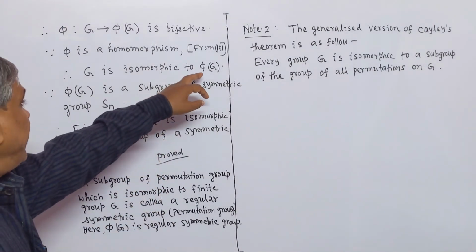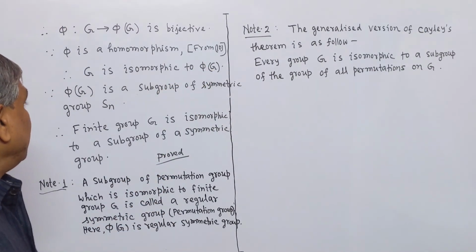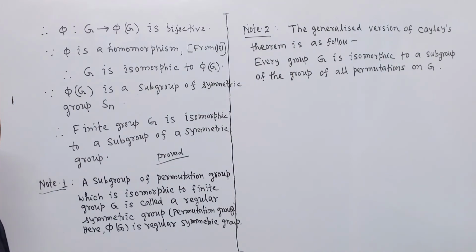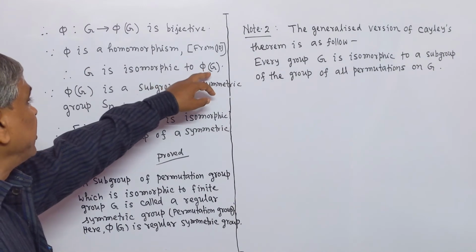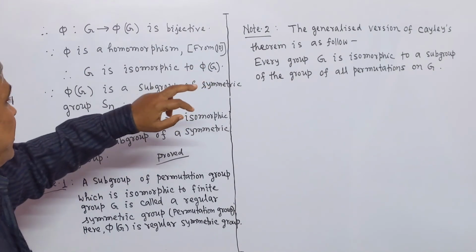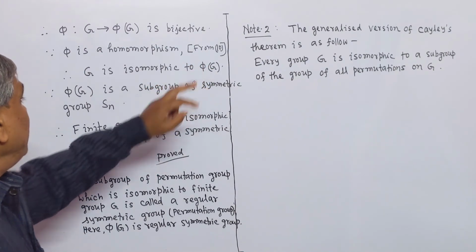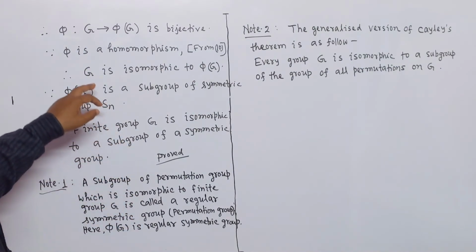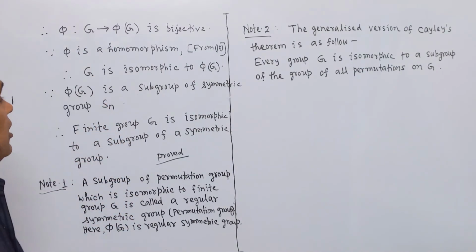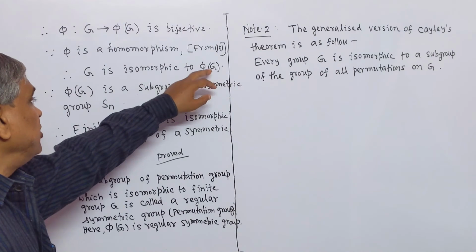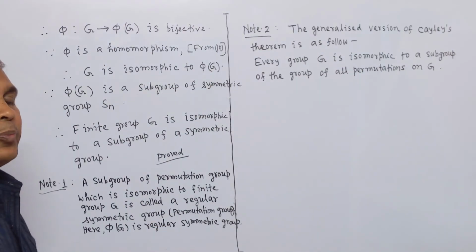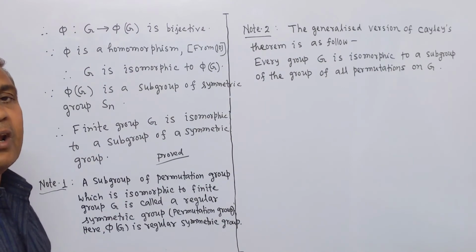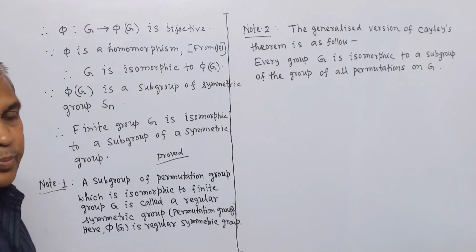Here we have phi G is a subgroup of permutation group Sn, and this phi G is isomorphic to group G. Then phi G is called a regular symmetric group or regular permutation group.